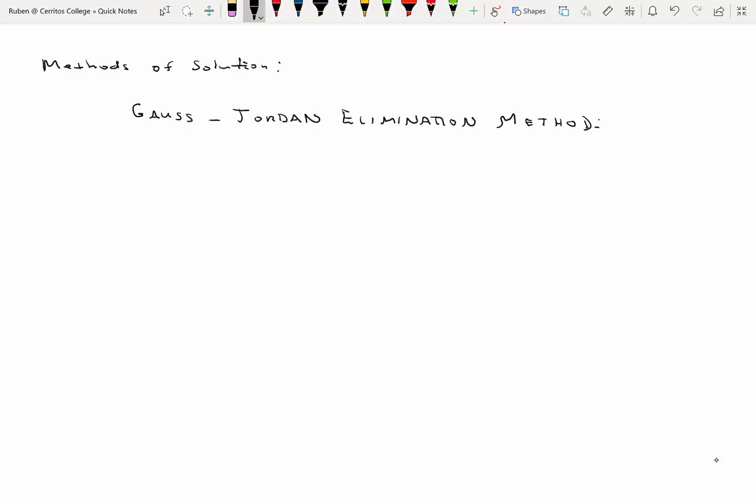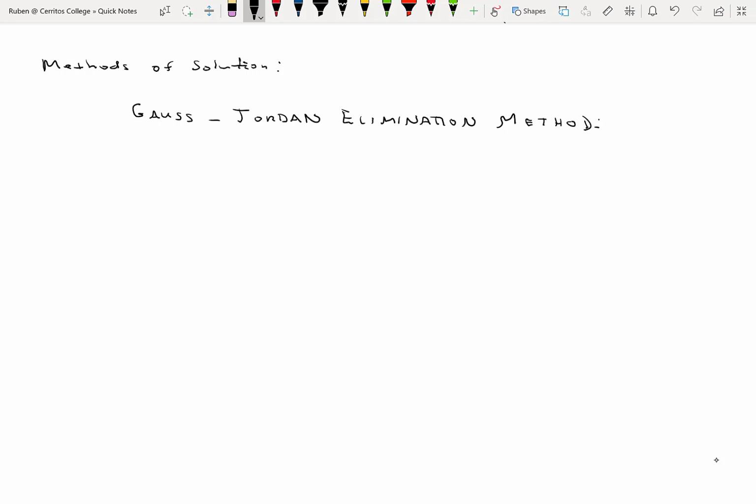So now let's get down to methods. Let's get down to methods of solving systems of equations. This first method is extremely popular in mathematics for sciences, mathematics for STEM majors. It's called the Gauss-Jordan elimination method.